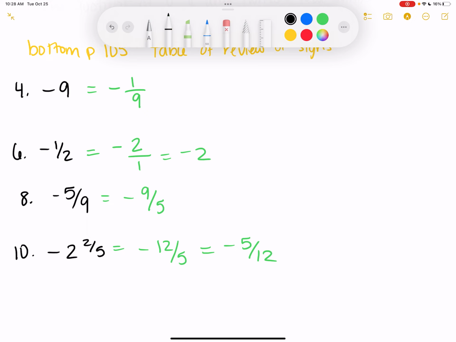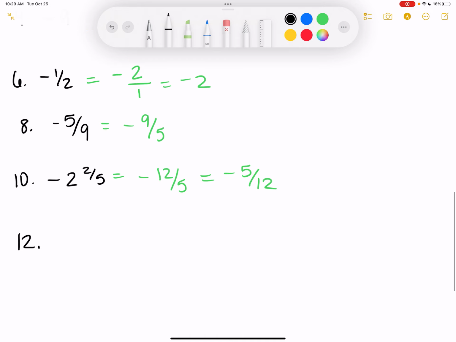All right, then the next one says to find the quotient. Okay, so we'll be dividing now. So 12, negative 18 divided by negative 6.